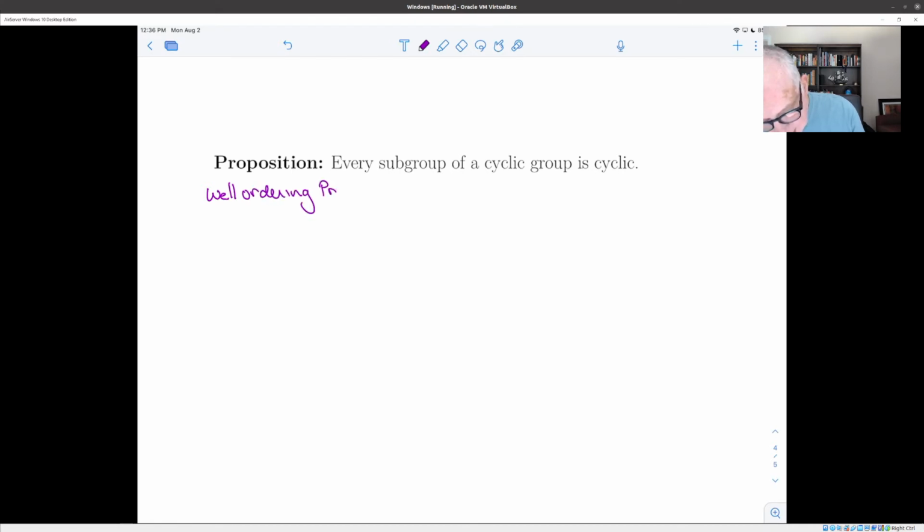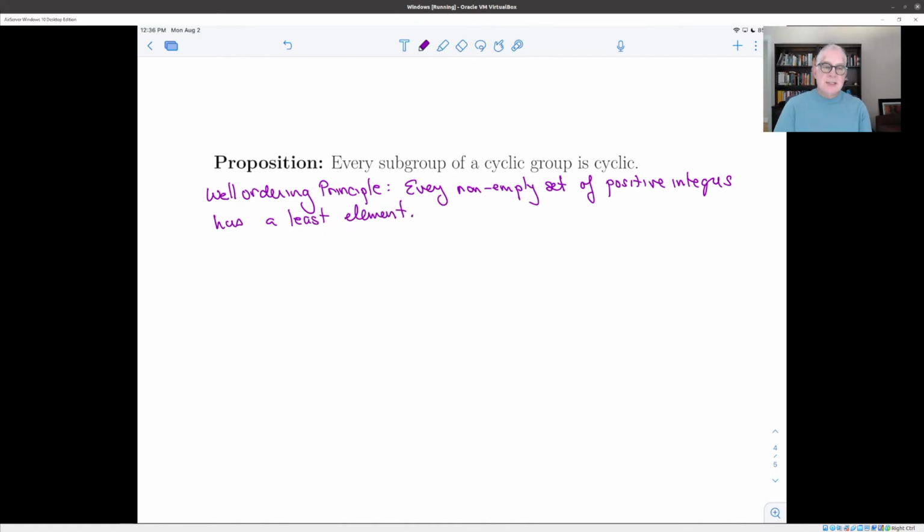The well-ordering principle is an axiom of arithmetic, and it says that every non-empty set of positive integers has a least element. So this is typically discussed in Math 2710. It's a way of restating the axiom of induction, although maybe that's not obvious.